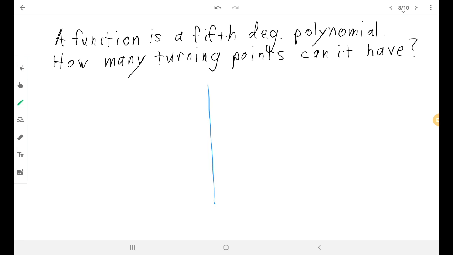So I can draw a theoretical version. Now, it doesn't have to have this many x-intercepts, but it could possibly, okay? It can't have any more than this. It could have less. But 5th degree means it could have 5 x-intercepts. So I'm just going to mark 5 x-intercepts.